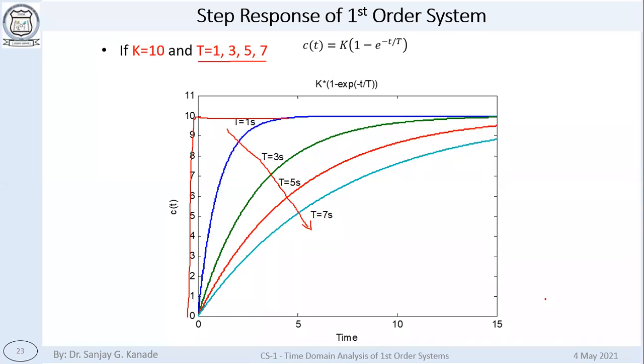So some kind of deviation from that output is allowed. Now, how much deviation we can allow depends on our system requirement. For example, if you look at the ceiling fan in your room, in your home, when you turn on the fan, the power goes like this.